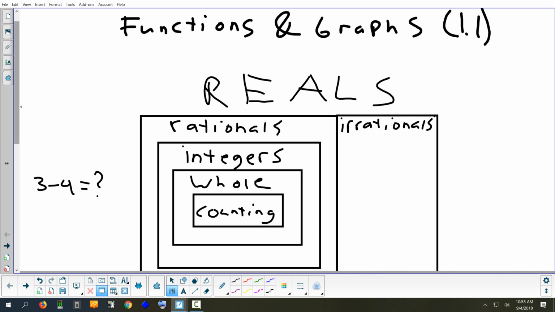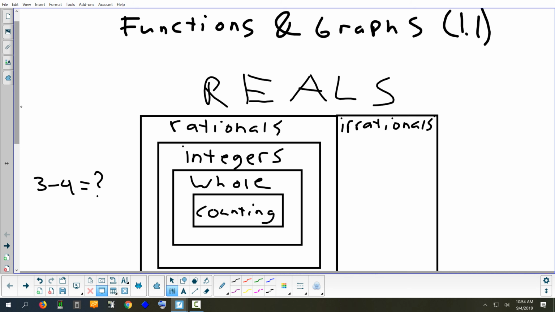If you put 3 minus 4 in a second grade math textbook, a second grader would say you can't do that, because they don't understand the concept of negative. So that's the next number system. We invent all these numbers, and now we call them integers, so that we can represent having even less than nothing. Right? It's negative.